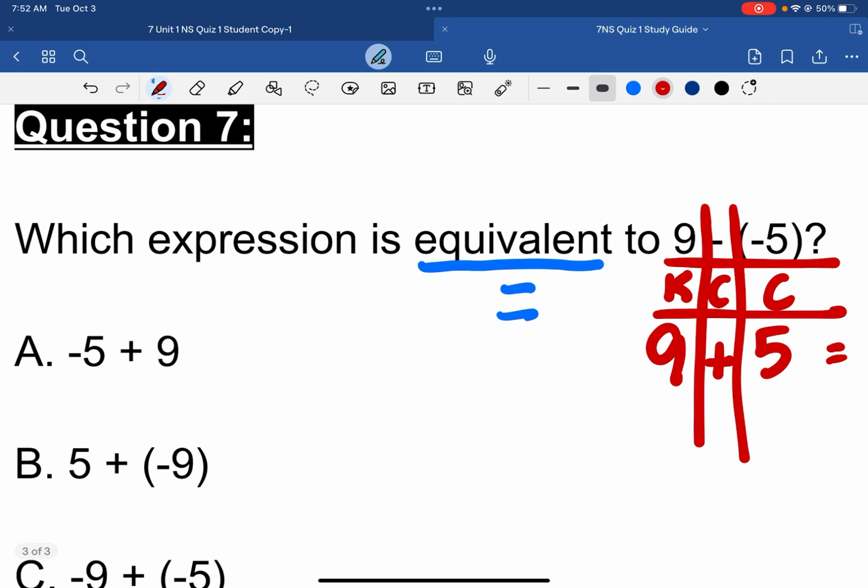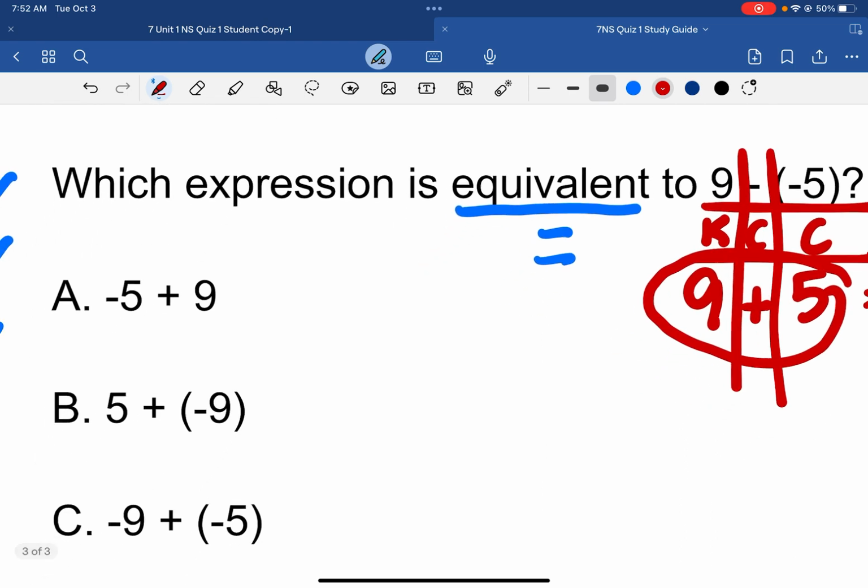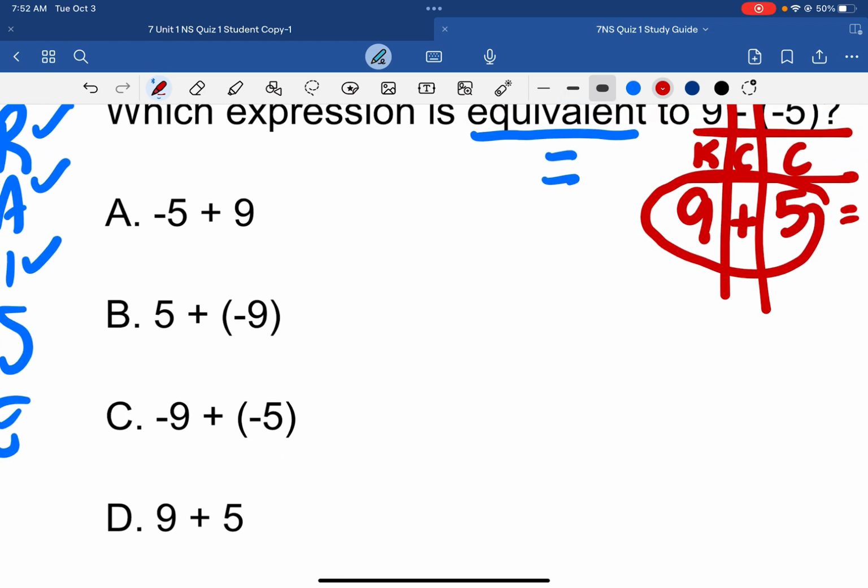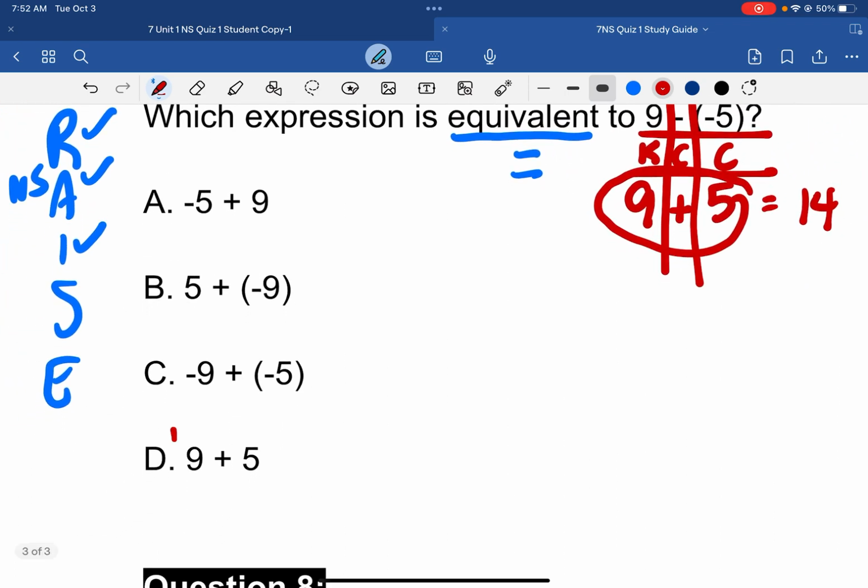We could see if we find the expression first. We're looking for 9 plus 5 and see if that's in our choices, and that's actually choice D, so we're done. If we look at choice A, it does not give us 14. Negative 5 plus 9, if we do that in the calculator, will give you positive 4. So that's not it.